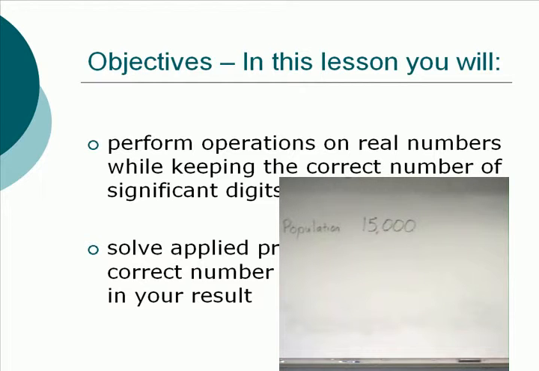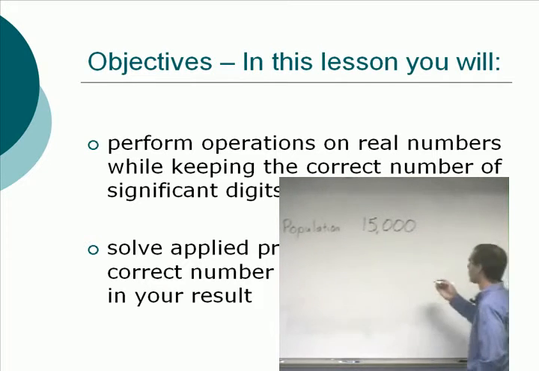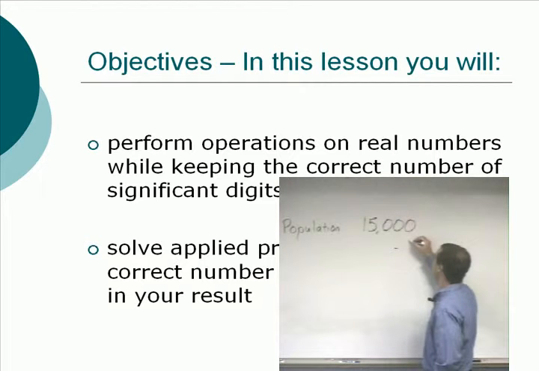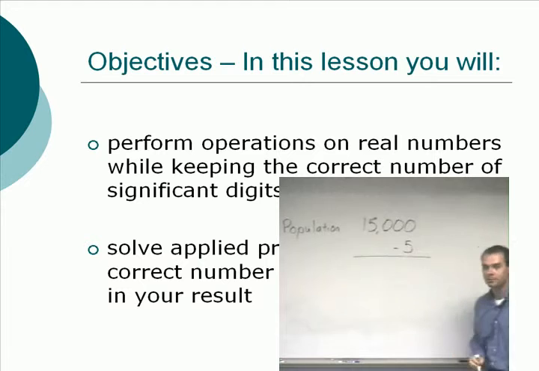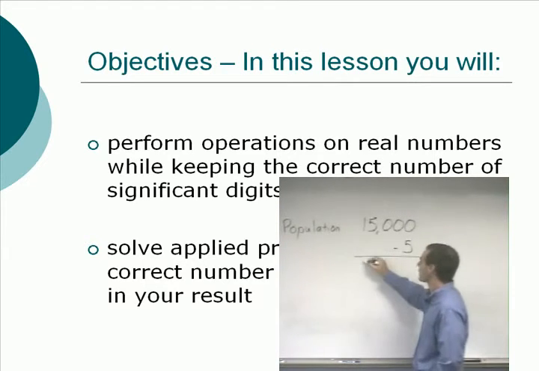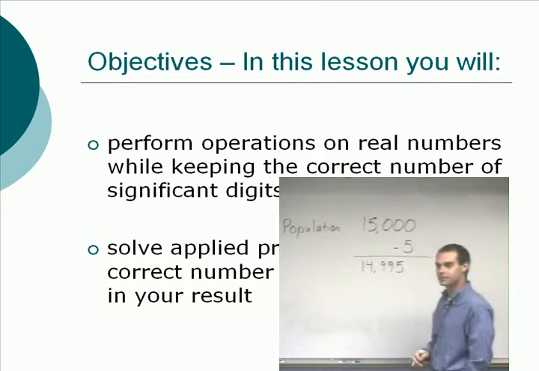One family is fed up. A family of 5 moves out of town, leaves the house vacant. No, better yet, they burn it down and then leave town. Add some drama to this story. So we just lost 5 people. Now, would it be correct or fair to say that the new population of the town is 14,995 people?